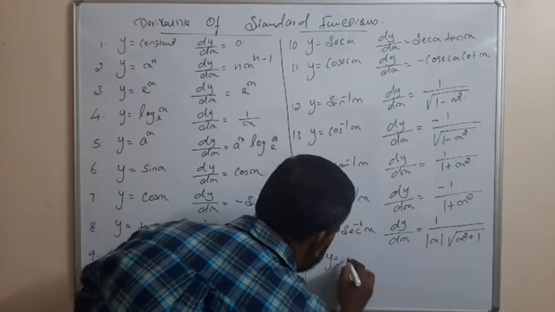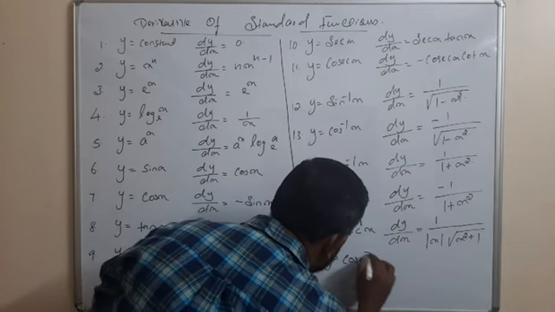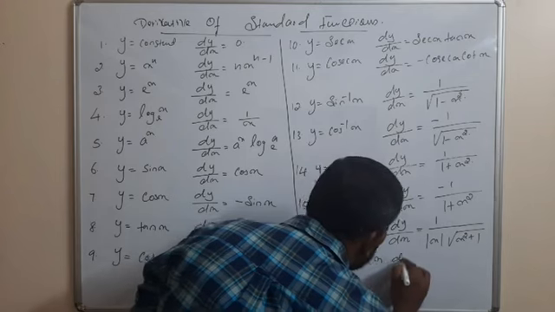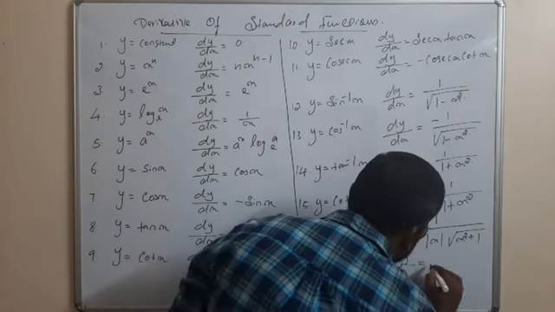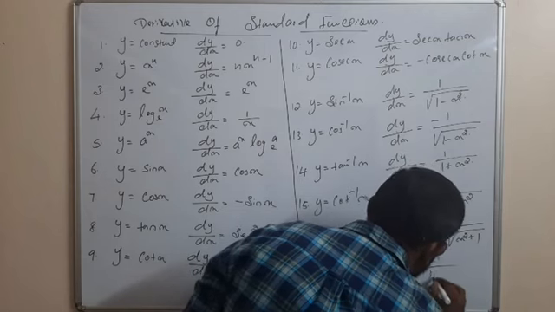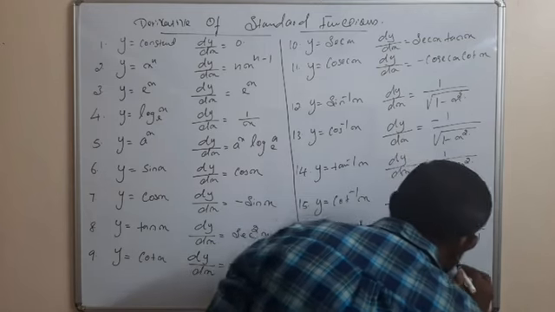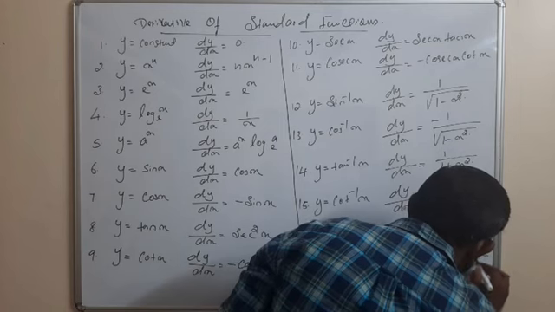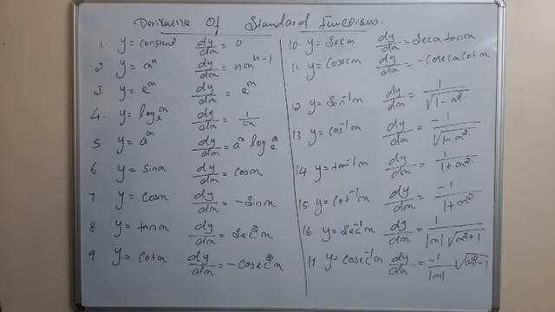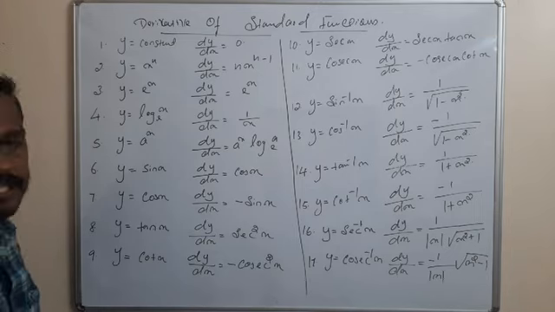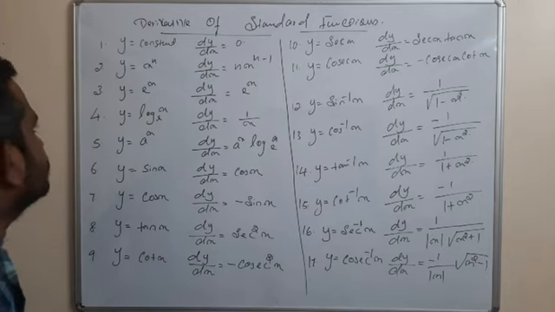Y is equal to cosecant inverse x. dy by dx equal to minus 1 divided by mod x into root of x square minus 1. So these are the standard functions and their first derivatives.